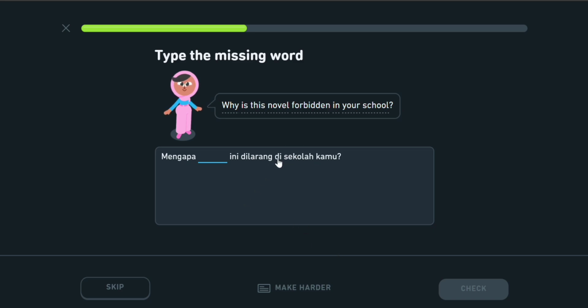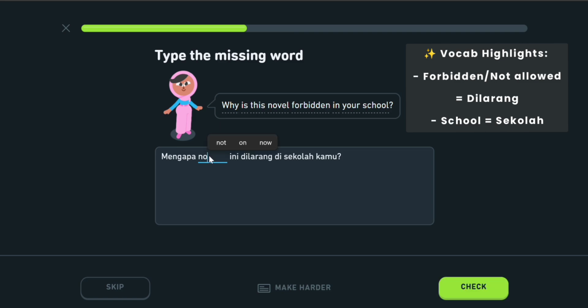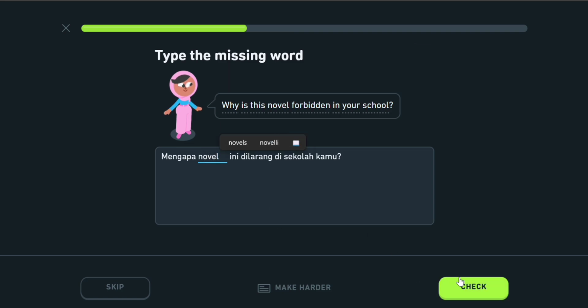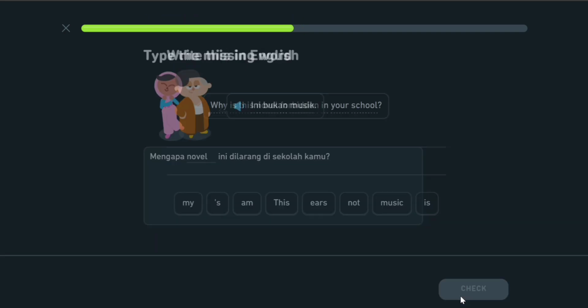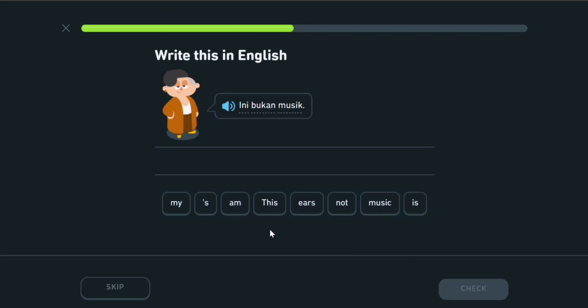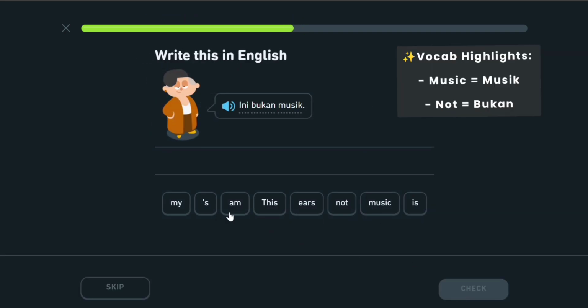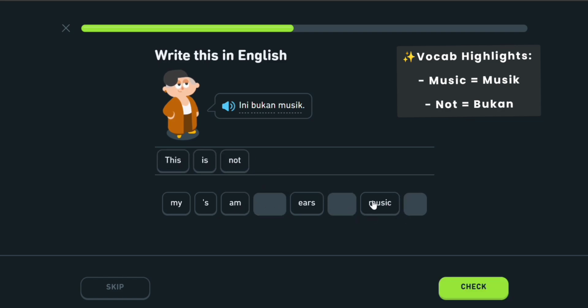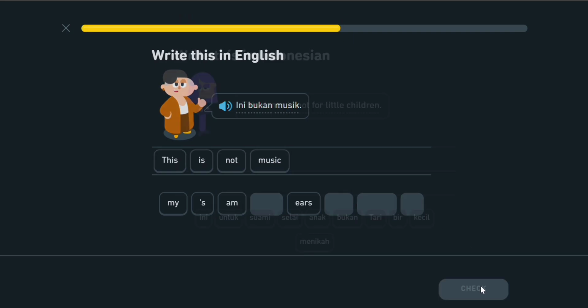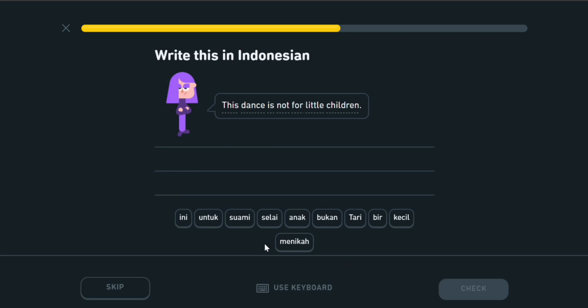Why is this novel forbidden in your school? Mengapa? So the word for novel is actually the same in Indonesian, so it's mengapa novel ini dilarang di sekolah kamu. Ini bukan musik. Ini bukan musik is this is not music. Next is this dance is not for little children.